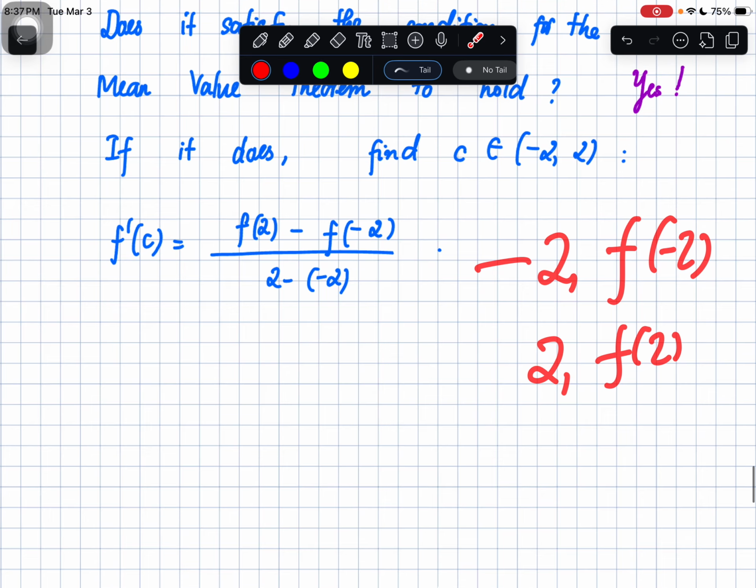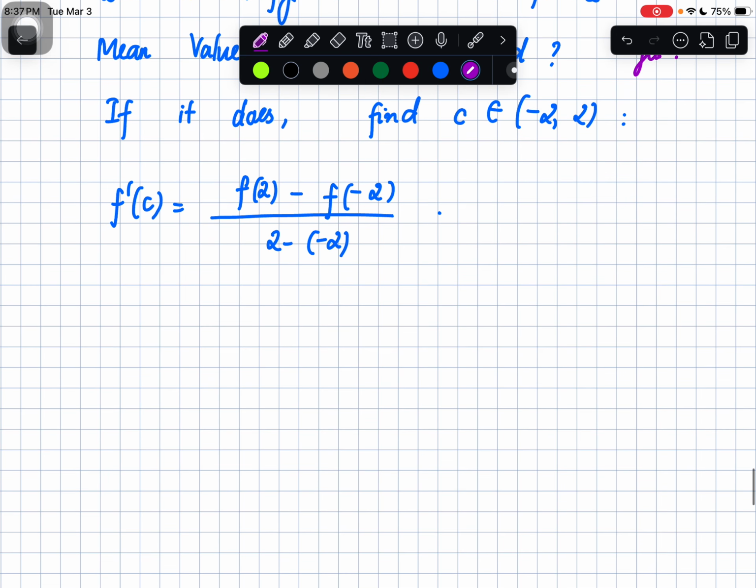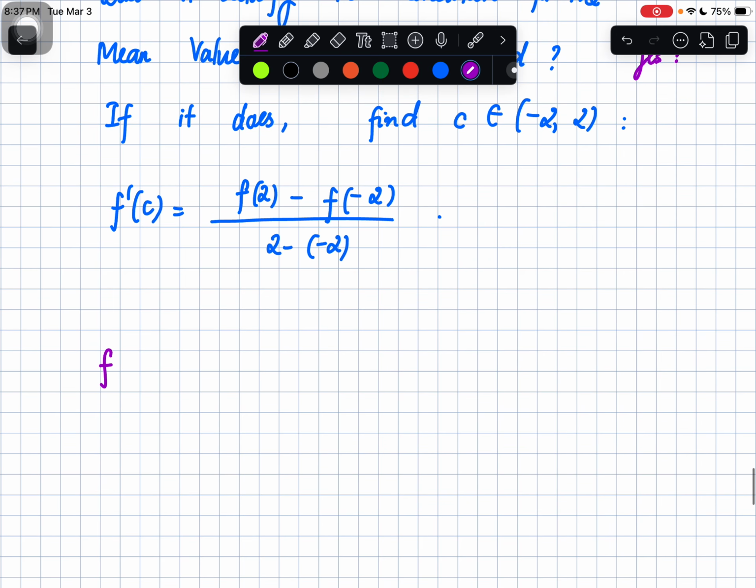We say that f is continuous on the closed interval [-2, 2]. f is differentiable on the open interval (-2, 2).